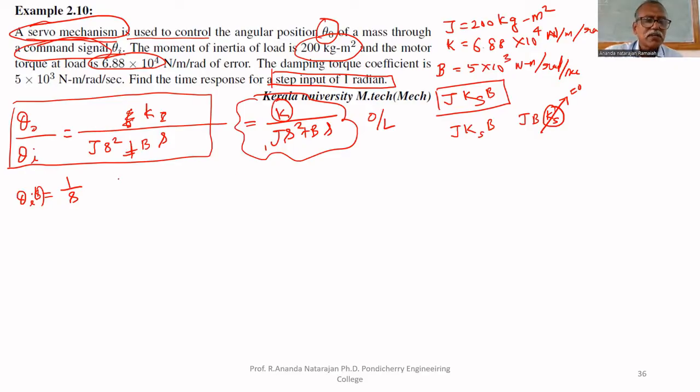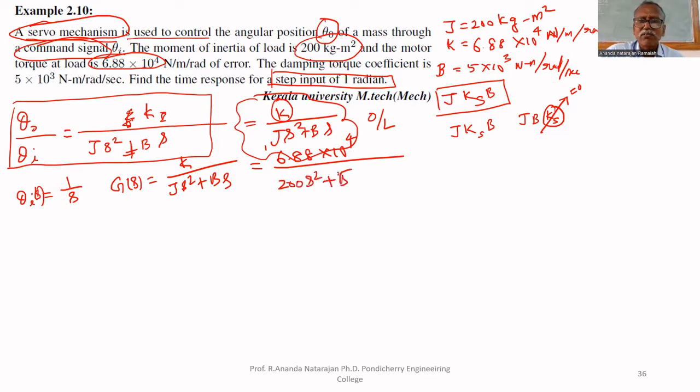G of S equal to K upon J S square plus B S, that is equal to 6.88 into 10 power 4 upon 200 S square plus 5 into 10 power 3 S. Open loop transfer function is given, but the system is closed loop. Servo mechanism means closed loop.